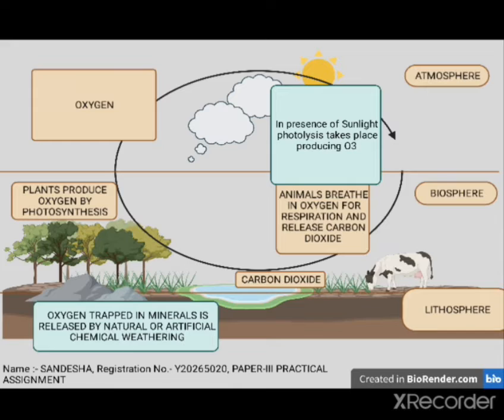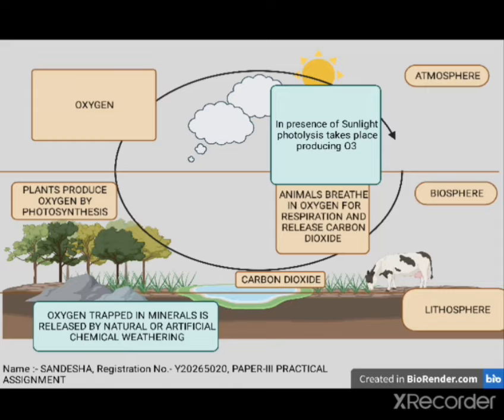So what are the sources of oxygen in the oxygen cycle? It is common knowledge that plants and animals, in particular, use oxygen to respire and return it to the air and water as carbon dioxide.